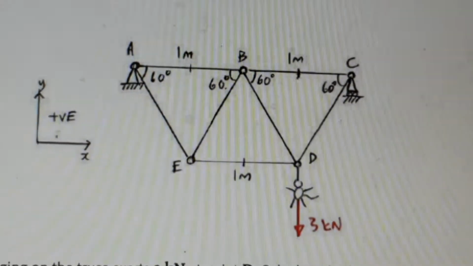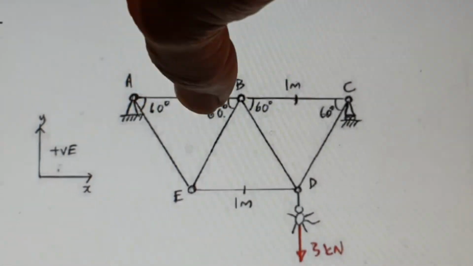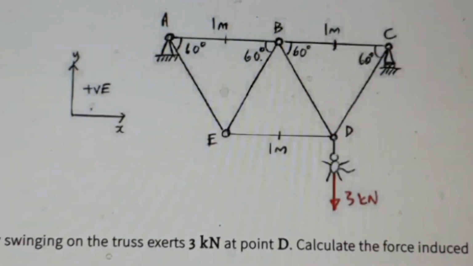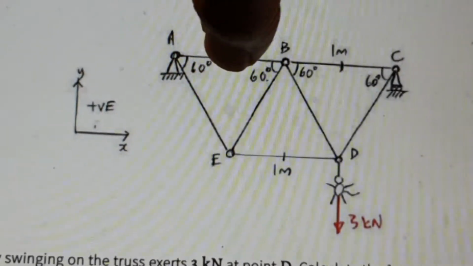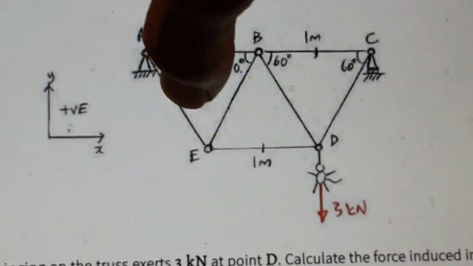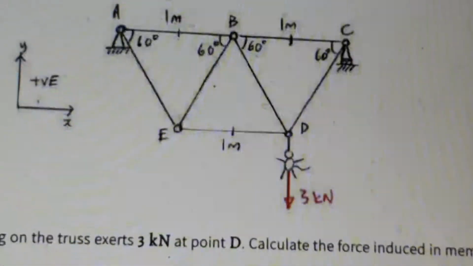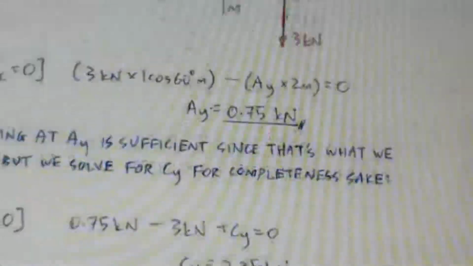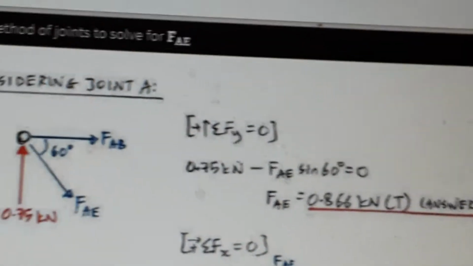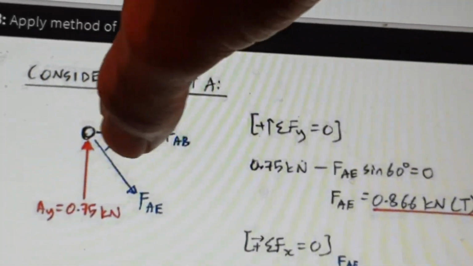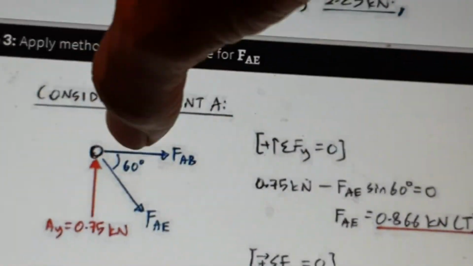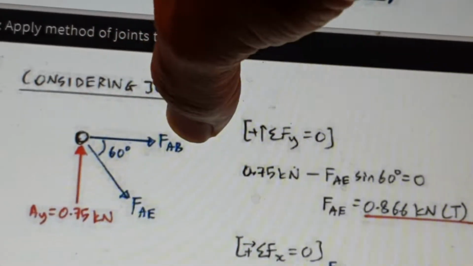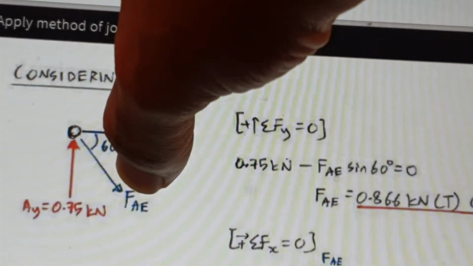There's no X. Well, we're going to assume it's tension. Tension means it's pulling the joint. We're going to assume that direction, tension. So I'm going to assume FAB, and we know the angle is 60 degrees. Now, we don't need to know FAB, we only need FAE.